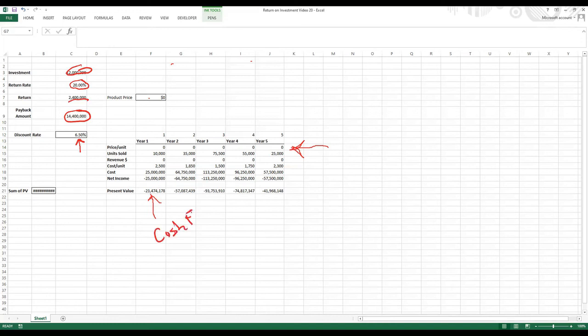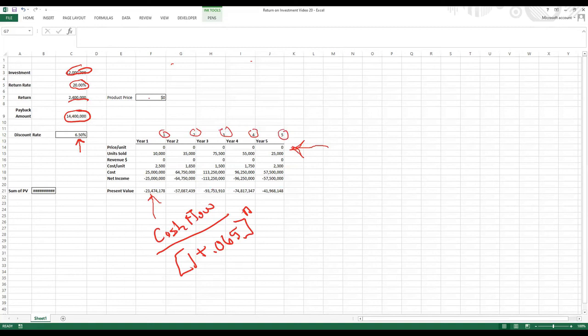Down in these cells, this is where we'll take the net income number and we'll plug in the formula cash flow divided by 1 plus 0.065, that's the discount rate, to the nth power. And in year 1, that'll be a 1. In year 2, that nth power will be a 2. And likewise for 3, 4, and 5.